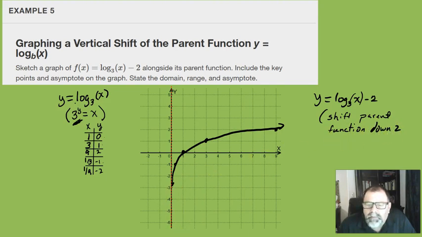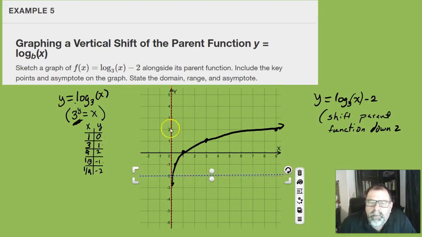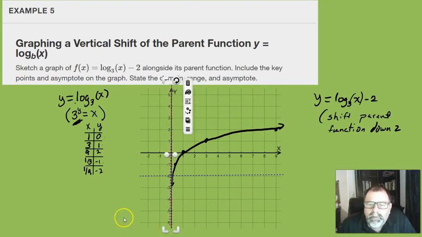So I'm going to basically take my x-axis and shift it down 2 units. And then my vertical asymptote remains here, so I'll make that one blue, right next to the red one, and plot these points counting from the pretend origin.